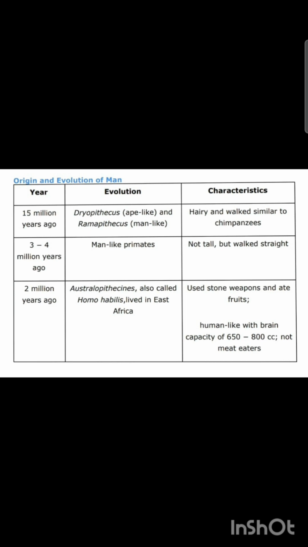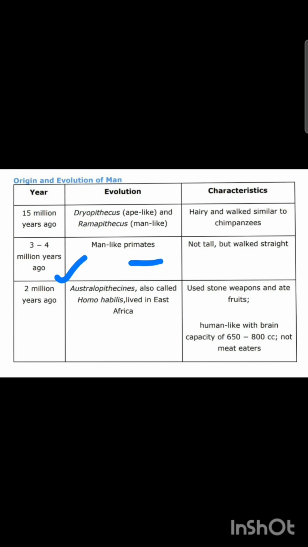Then origin and evolution of man. 15 million years ago, first Dryopithecus, ape-like human, and Ramapithecus, man-like human, appeared. They were hairy and walked similar to chimpanzees. Then 3 to 4 million years ago, man-like primates appeared on the earth.